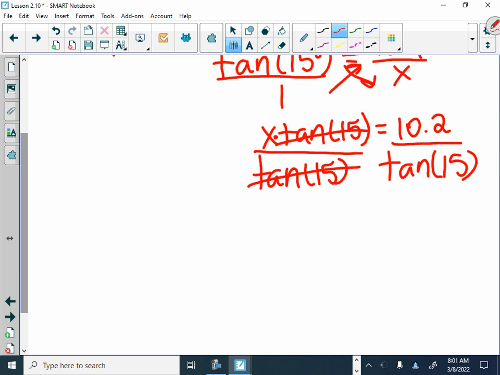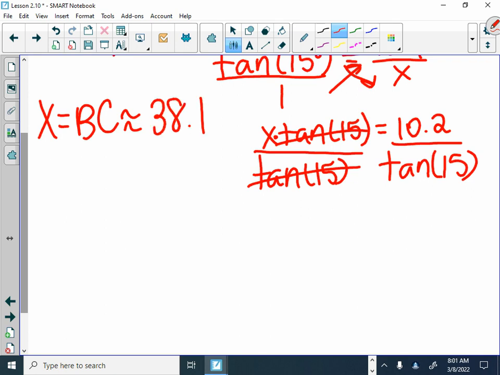And what does it say? Let's just round to 1 decimal place for this one. Alright, so rounded to 1 decimal place, 10.2 divided by the tangent of 15 is 38.1. Before we move on, I need everyone to do that in the calculator to make sure they can get it. 10.2 divided by the tangent of 15.